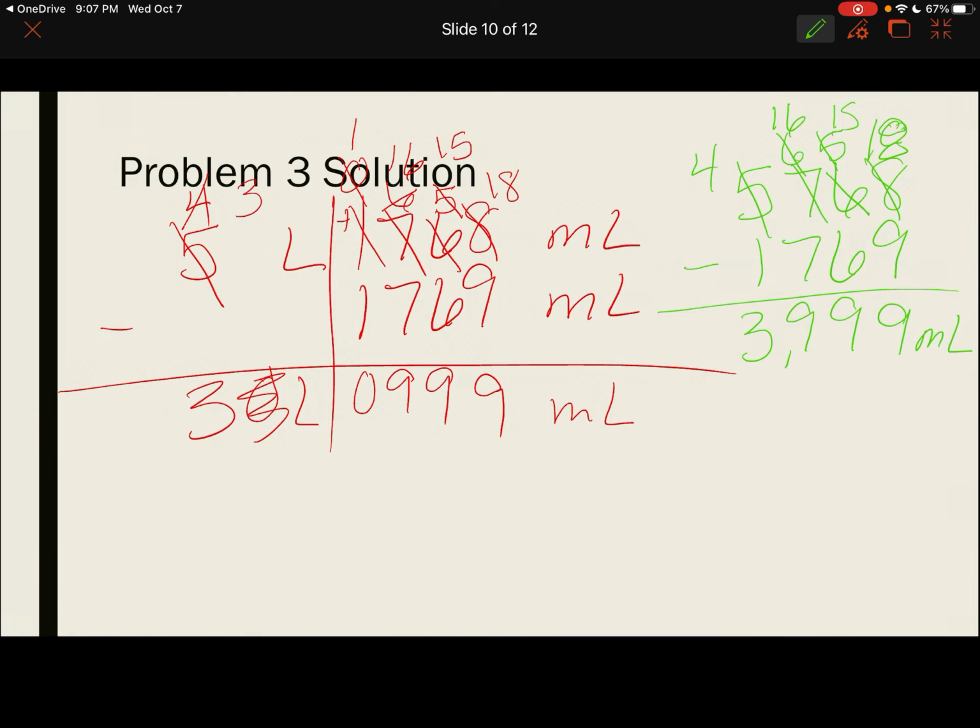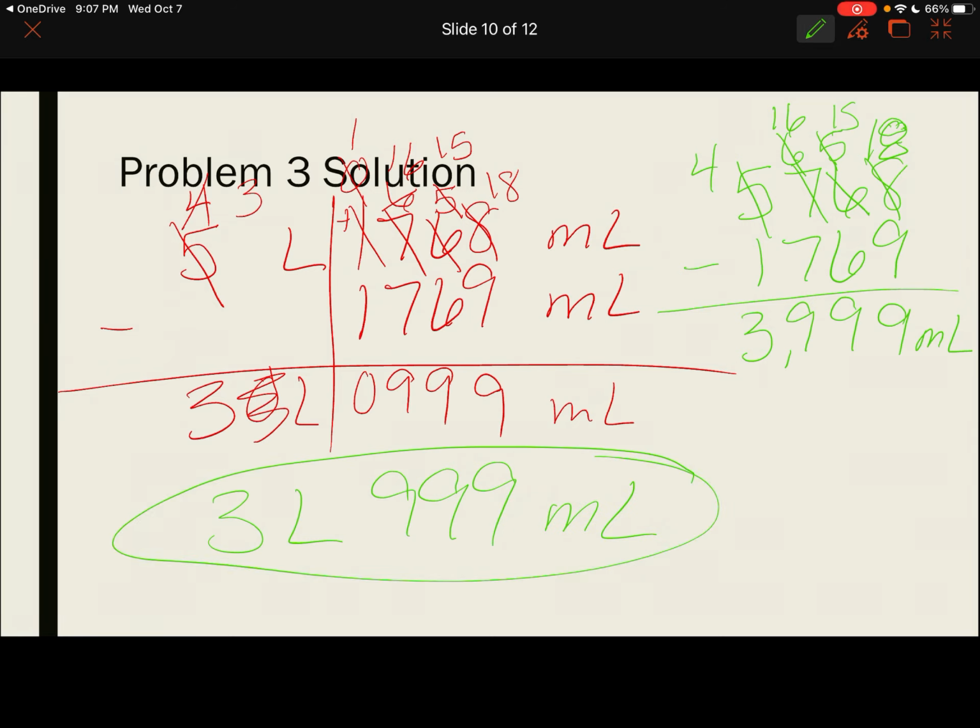So if you converted everything first, you'd get 3,999 milliliters. If you did not convert everything and you did it as liters and milliliters, you'd get 3 liters, 999 milliliters. And that is how much she used on day 2. Either one of these would be correct.